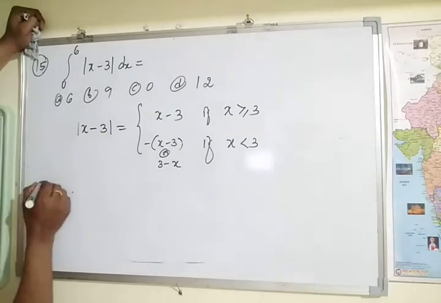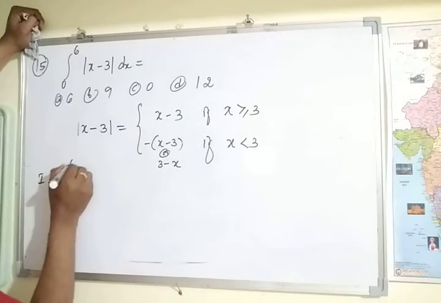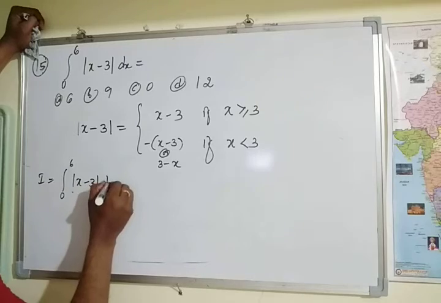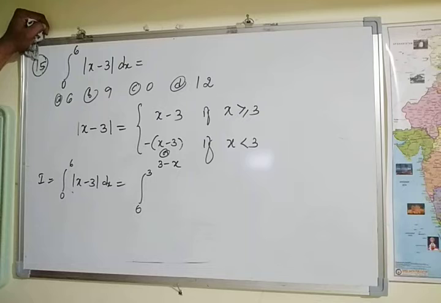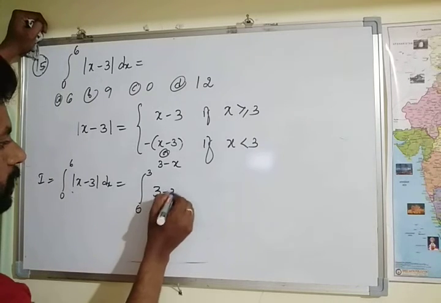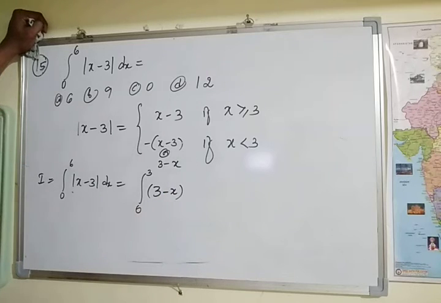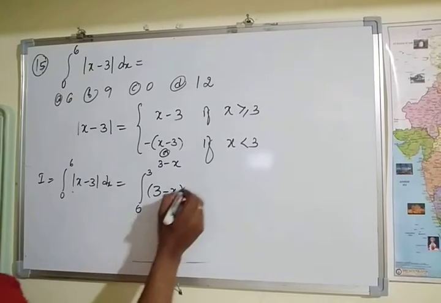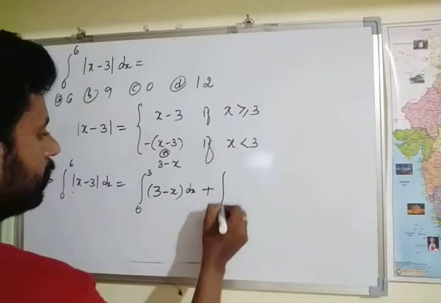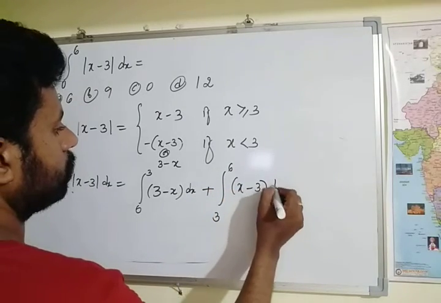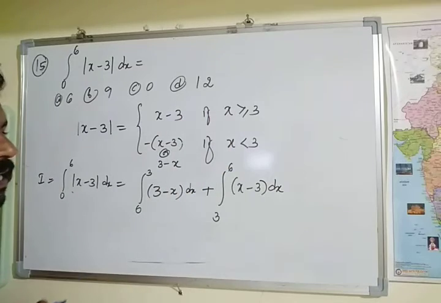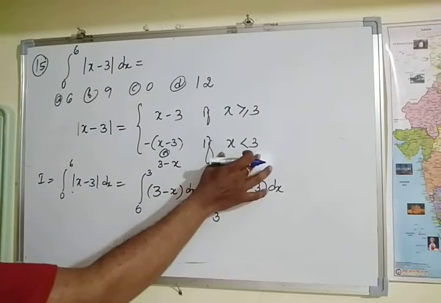Now we split the integral. I is equal to the integral from 0 to 6 of modulus of x minus 3 dx, which is equal to the integral from 0 to 3 of 3 minus x dx plus the integral from 3 to 6 of x minus 3 dx. For x greater than or equal to 3 we take x minus 3, and for x less than 3 we consider 3 minus x.